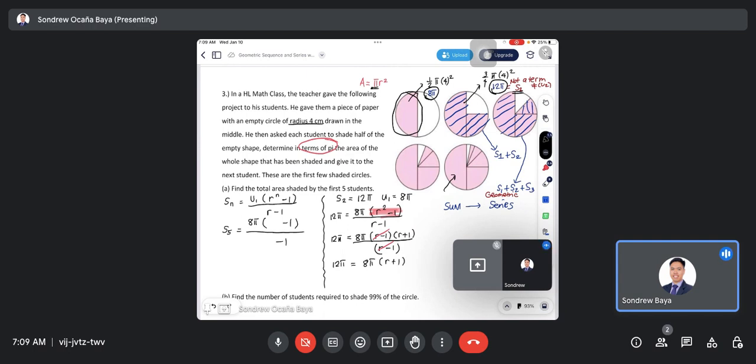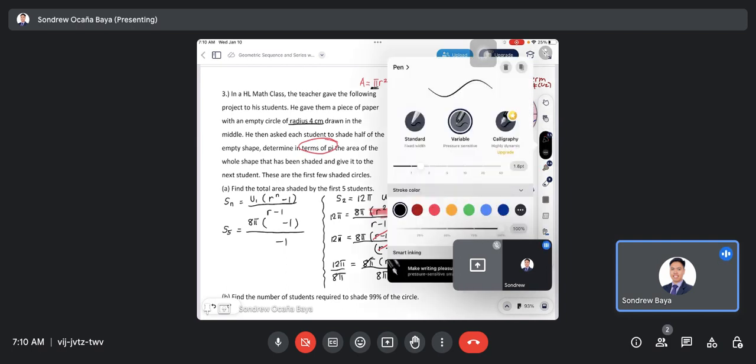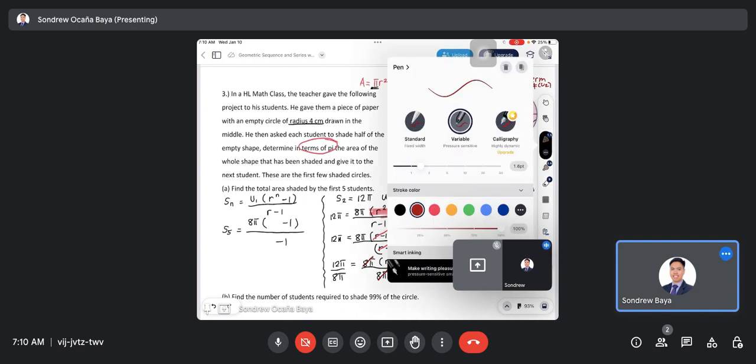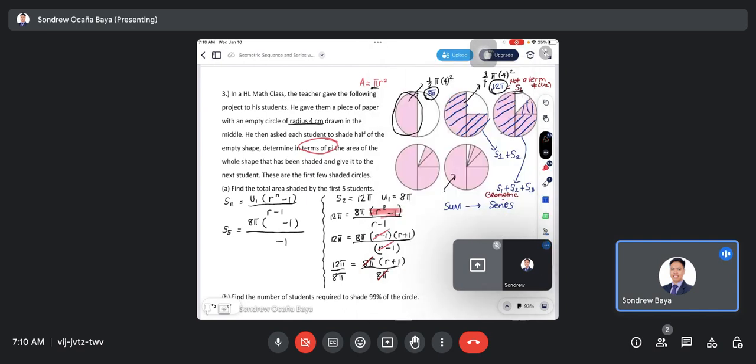Now, you could go ahead at dividing both sides by 8 pi so that only the unknown variable will be left on one side. And then from here onwards, that's when you could make use of GDC. So you have r plus 1 equal to 12 pi over 8 pi.